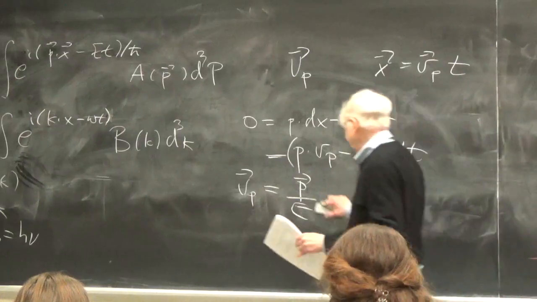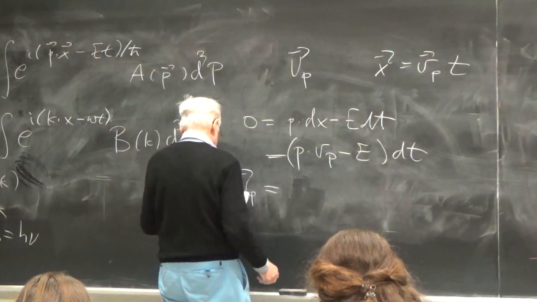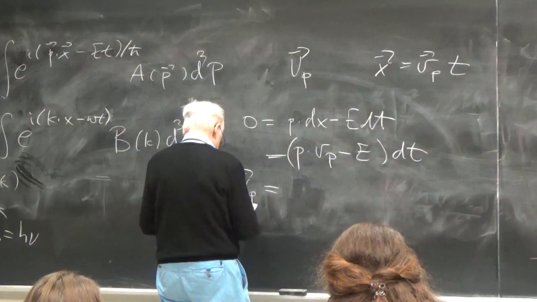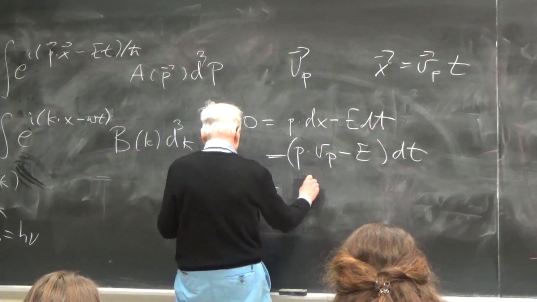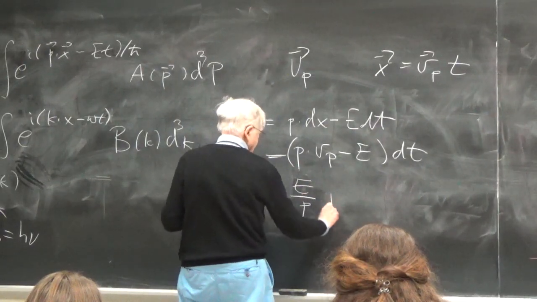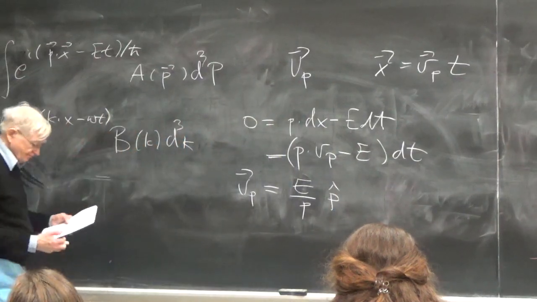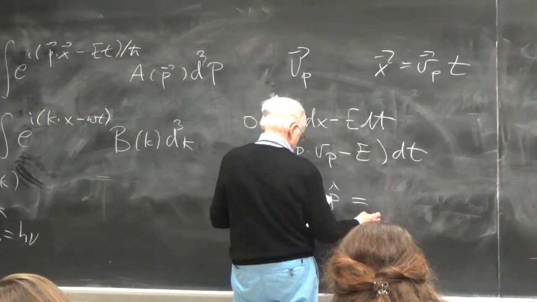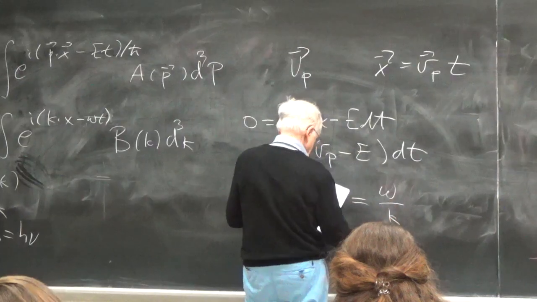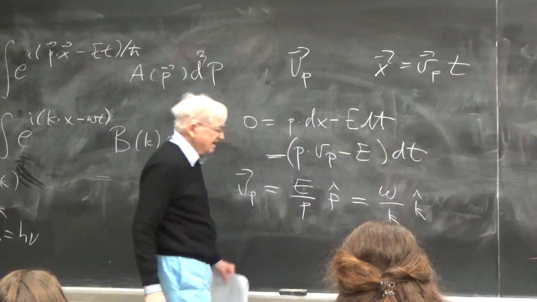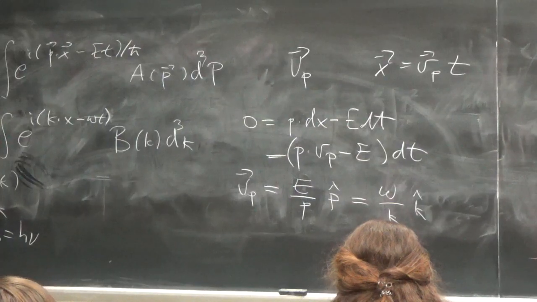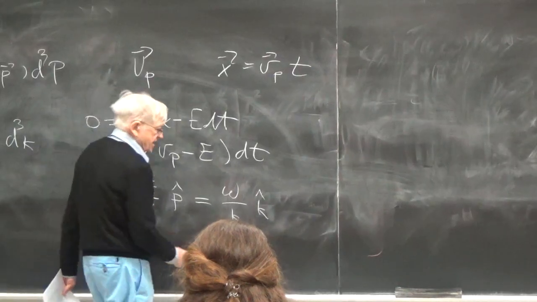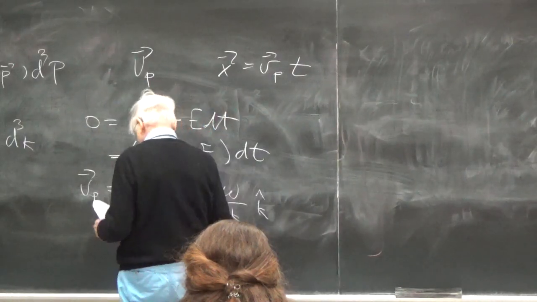So this is e over p times a unit vector in the p direction. And if we use instead omega and k, then it's a unit vector in the k direction, and it's omega over k. But what you see here is that e is always greater than or equal to cp.